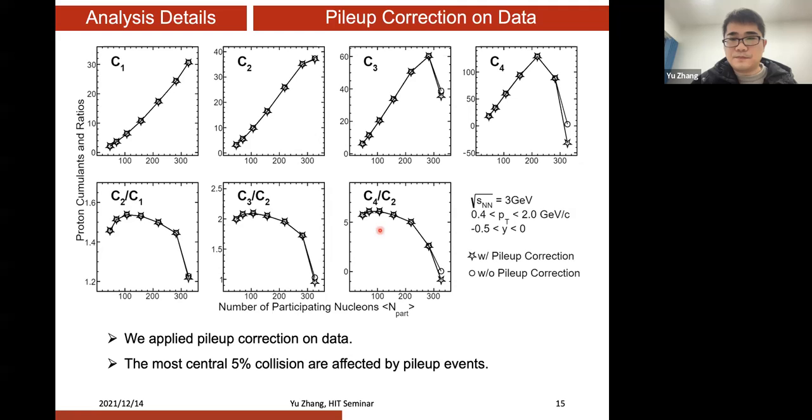The cumulants without pileup correction are shown as the black open circles, and the pileup corrected cumulants are shown as the black stars. The input is from the unfolding approach. From the direct comparison of these two results, we see that the pileup effect shows a difference only for the most central centrality.